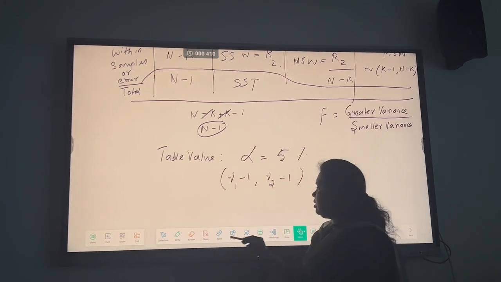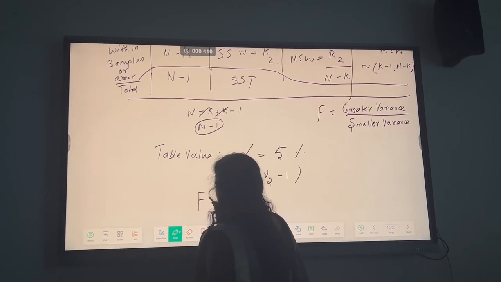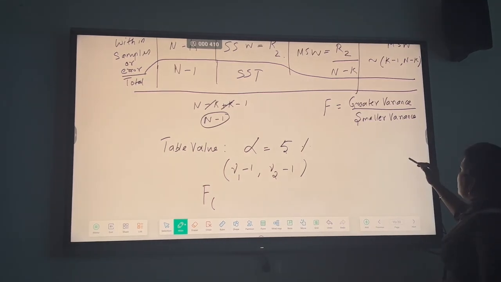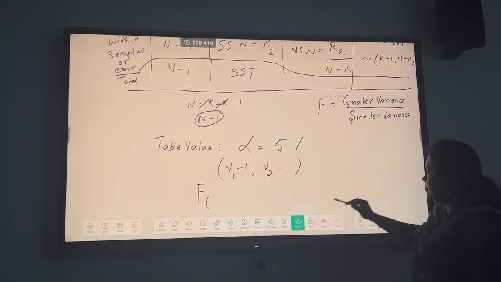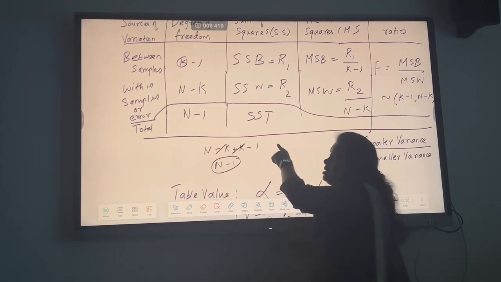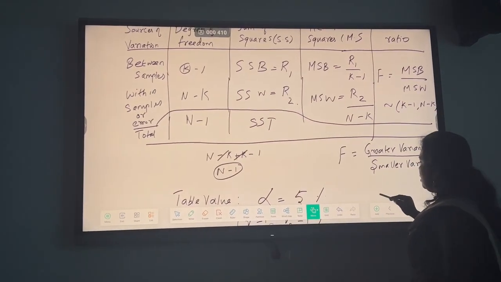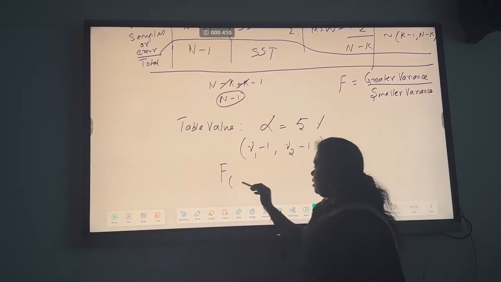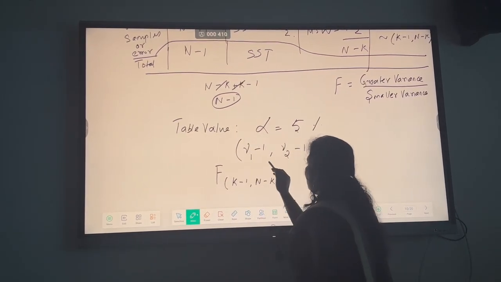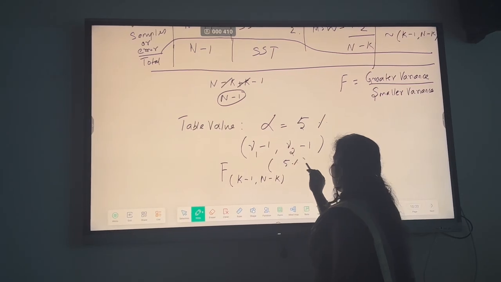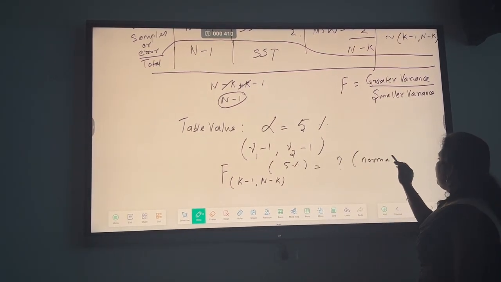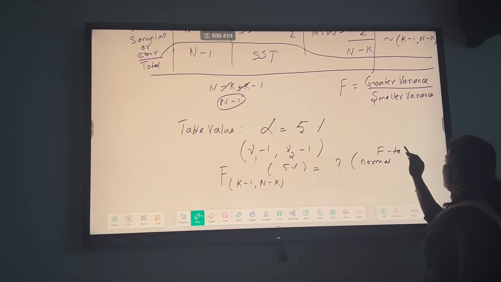So we find F with k minus 1, n minus k degrees of freedom, by looking at the normal F table.